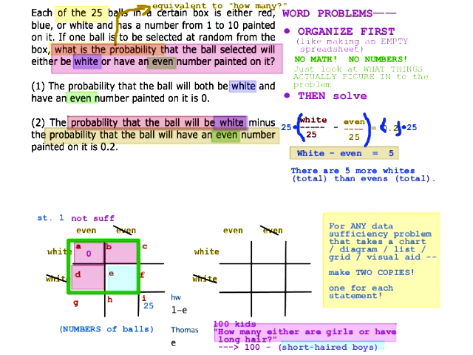That's what that means. Other than that, we don't really know a lot, right? So that's not going to be sufficient here, but we could say that there's E number of evens, and then that would make there be E plus 5 number of whites.